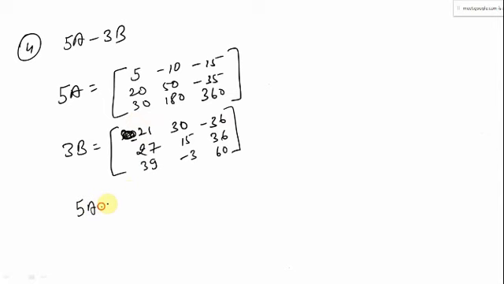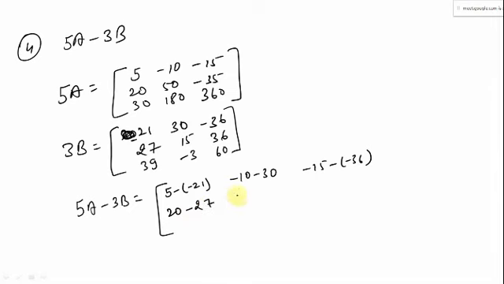Then we'll do 5a minus 3b. So this minus this. So 5 minus negative 21, negative 10 minus 30, negative 15 minus negative 36, 20 minus 27, 50 minus 15, negative 35 minus 36, 30 minus 39, 180 minus negative 3, and 360 minus 60.